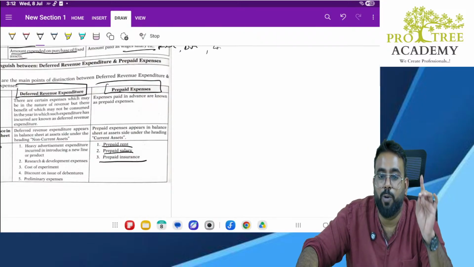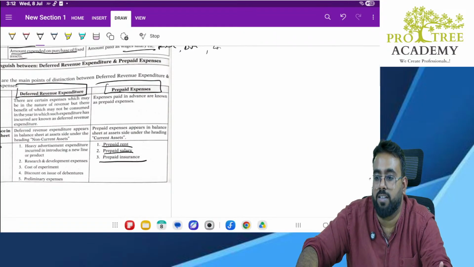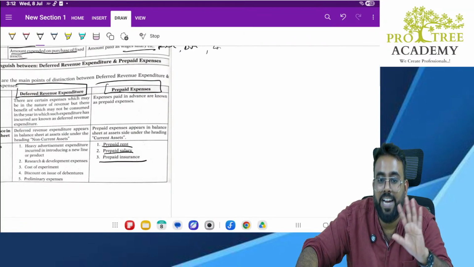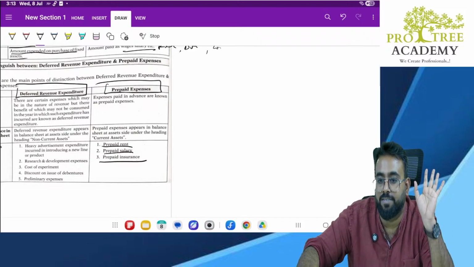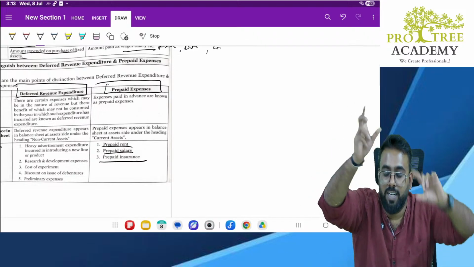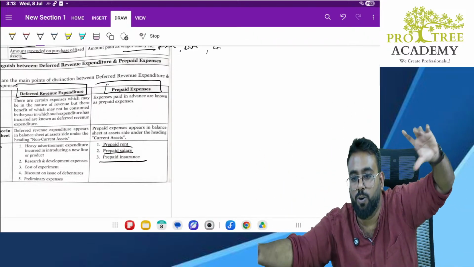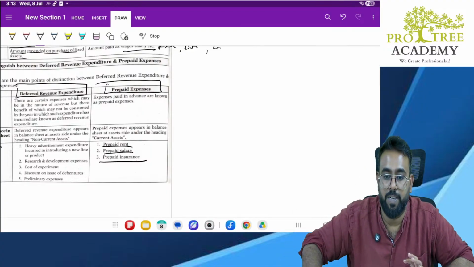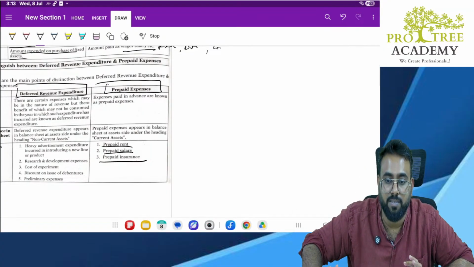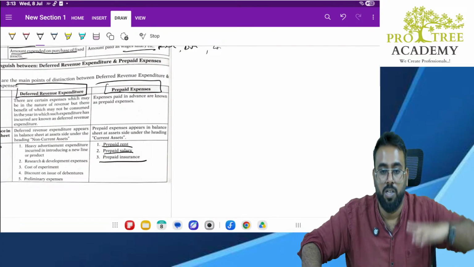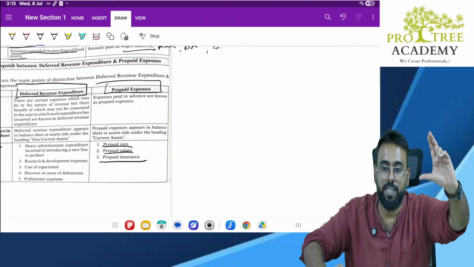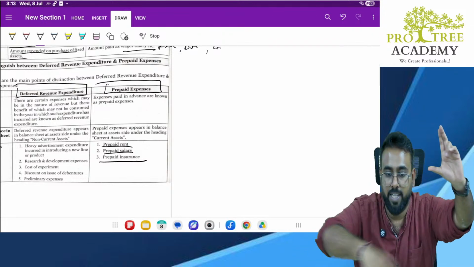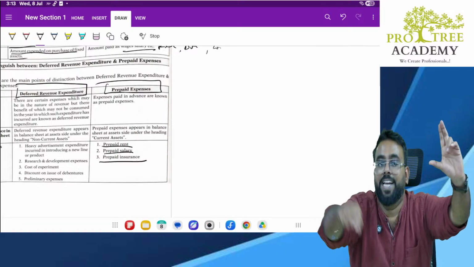So every month I have to book an expenditure of only 10,000. So I cannot book the entire 60,000 as salary. So every month from that 60,000, I will reduce 10,000 and transfer it to P&L as my expenditure. Everybody understanding, no? So 60,000 is my prepaid expenditure. This month he gave me service, 10,000 transferred to P&L. Why? Now it is an expenditure.